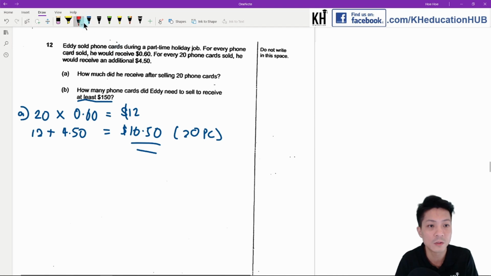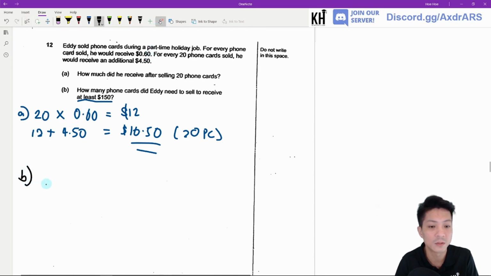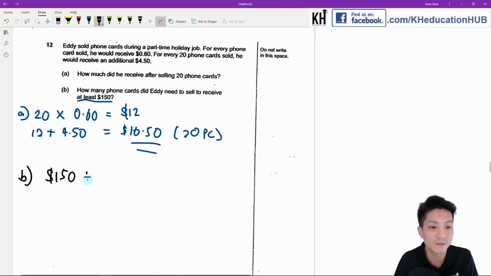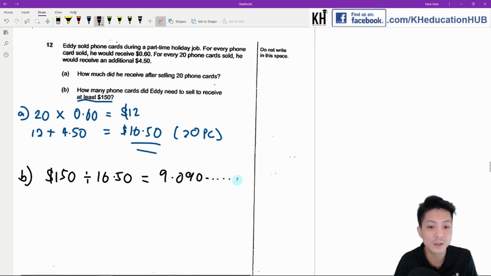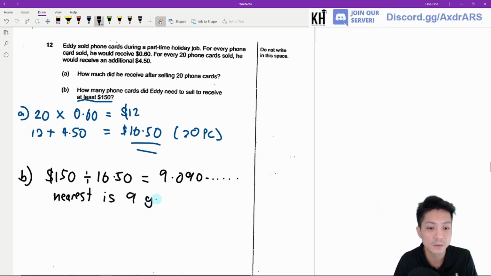So we're gonna try and find out how many groups there are. $150 divided by $16.50 will give me 9.090 and so on. Okay, so we know that the nearest would be nine groups.